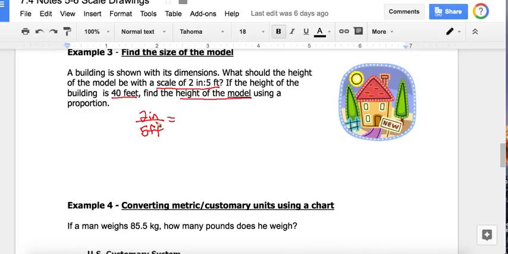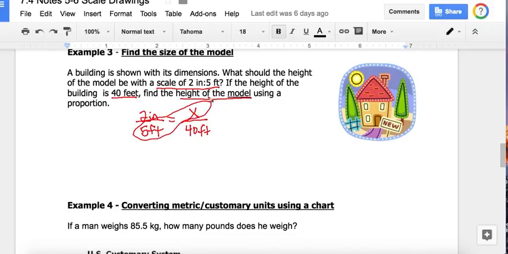So the height of the model is going to be inches, because 2 inches equals 5 feet. So the height of the model is the inches. So we're going to put 40 feet on the bottom to match the feet on this side, and we're looking for the actual height of the model. So this is x, and our label is going to be inches. So we have inches over feet, inches over feet.